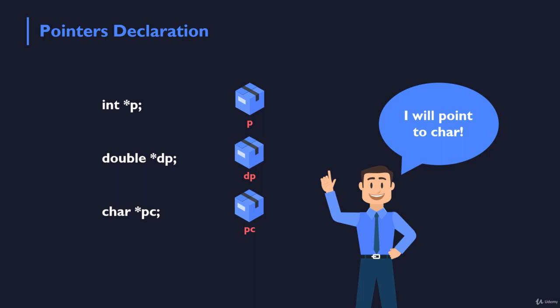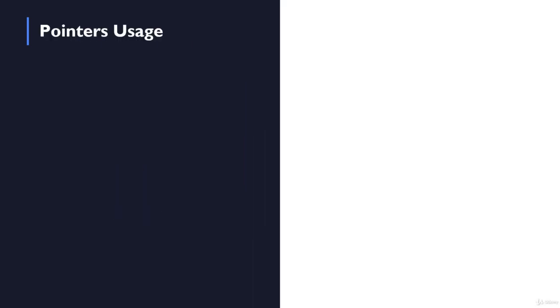So there are two main things you should keep in mind when using pointers. The first is the new operator, the ampersand. We've used it in scanf functions, but this ampersand simply specifies the address of a variable. And we know that every variable has an address, right? And p is a pointer, okay?